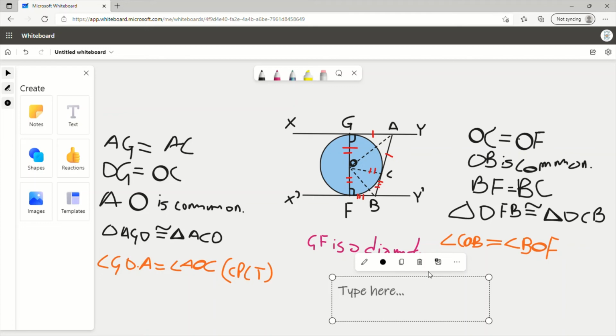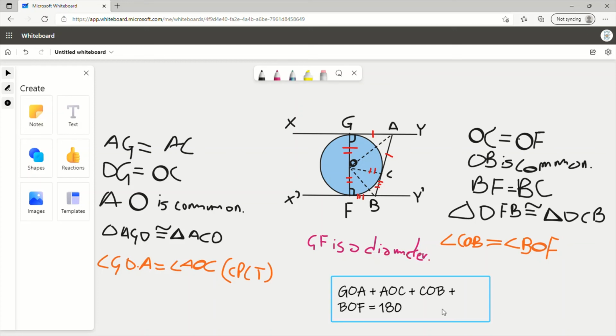If you have a look at the angles GOA plus AOC plus COB plus BOF equals 180.